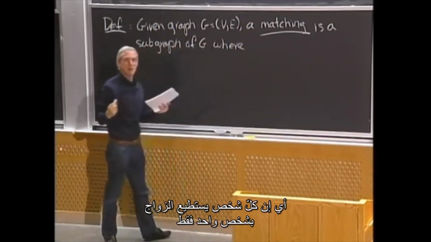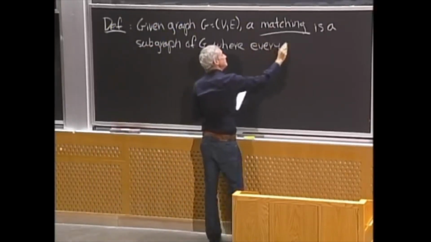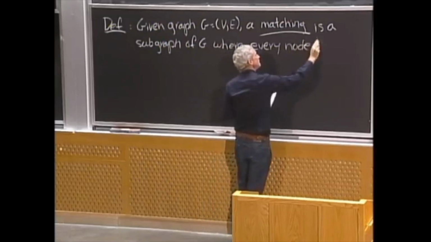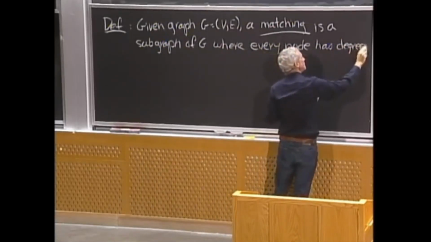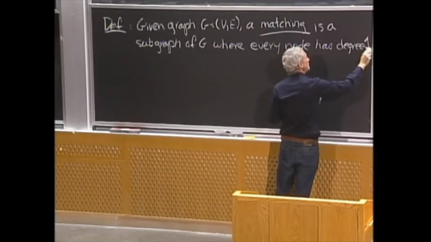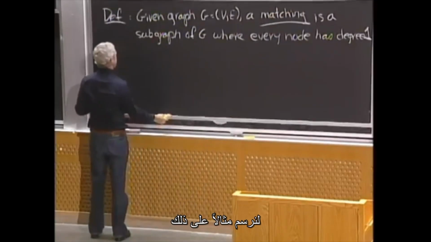So everybody can be married just to one person.